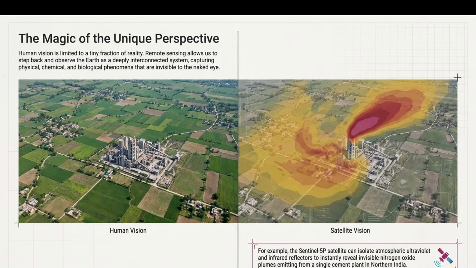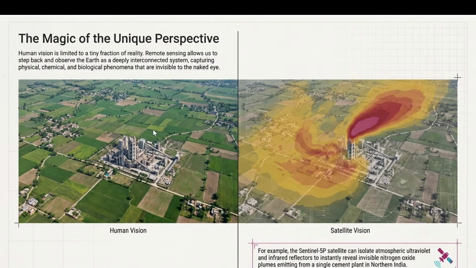So this is one kind of example if you check. This is an industrial area in northern India, a cement plant. Here, we can easily identify atmospheric gases, different types of gases, such as nitrogen dioxide or sulfur dioxide or any other specific gases, using satellite vision. We can use the satellite sensor and easily detect this type of emission.